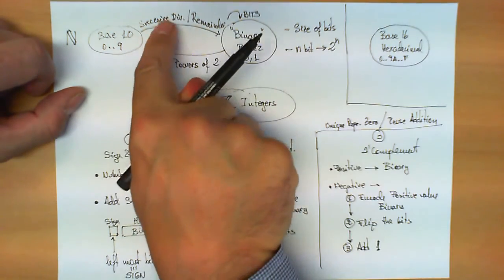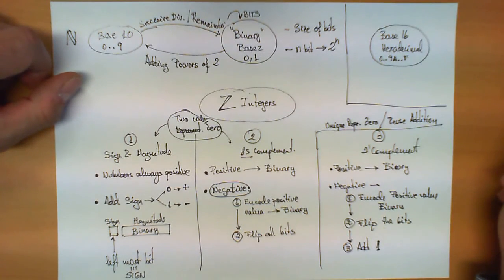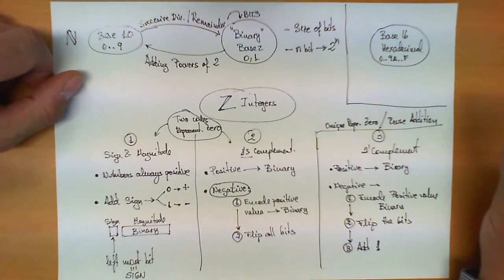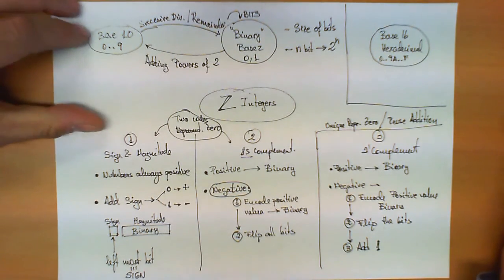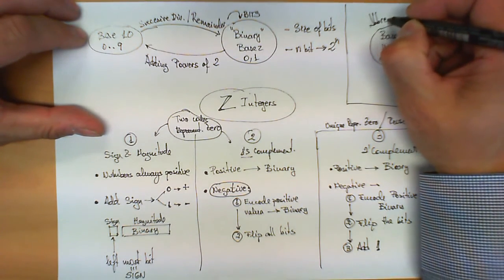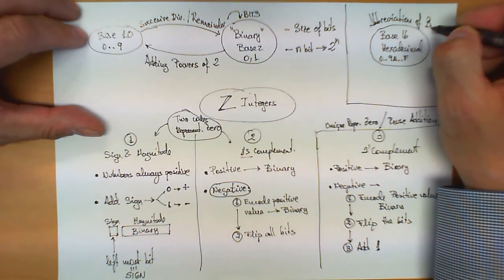We would do successive divisions by 16. However, dividing by 16, when we apply it to binary, is the same as taking the least significant 4 bits. Therefore, this base is actually going to be used as an abbreviation of binary numbers.